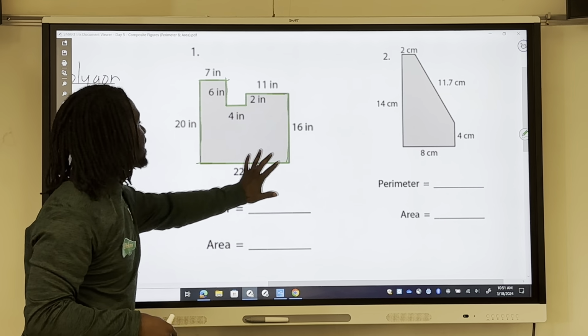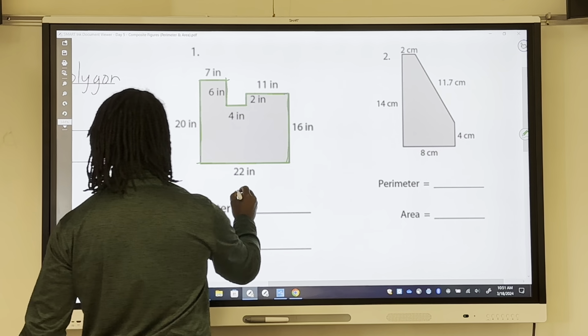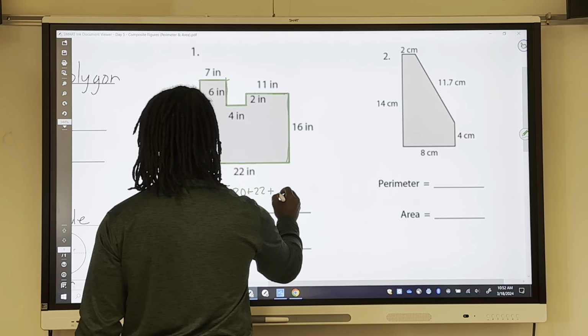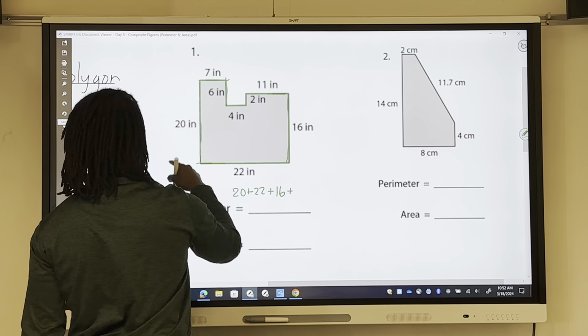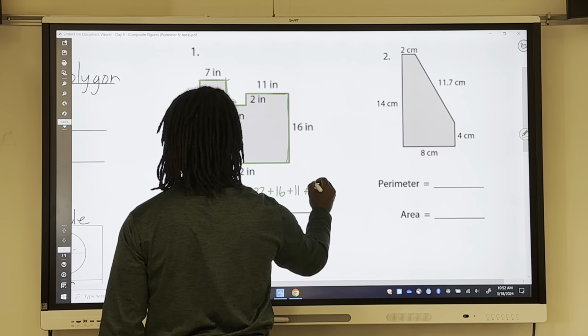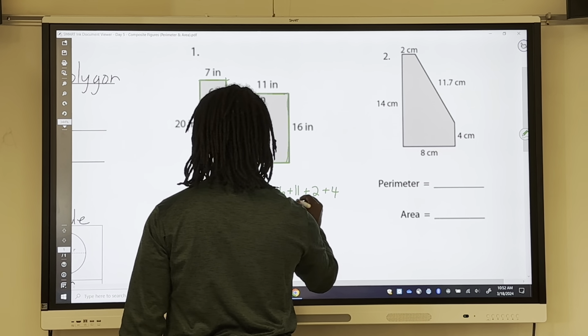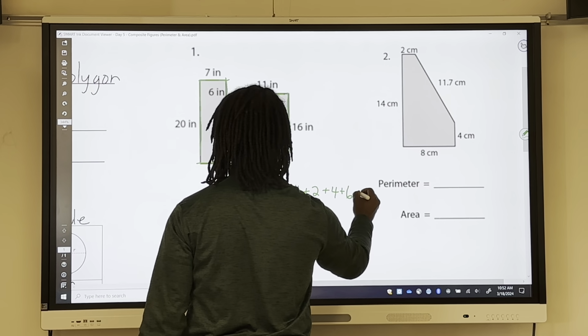So in order to find the perimeter, I'm just going to add up all of those sides together. So I'm going to do 20 plus 22 plus 16 plus, and again, if I were you, when I'm doing that, I would just start and go around the side. Plus 11 plus 2 plus 4 plus 6 and then plus 7.